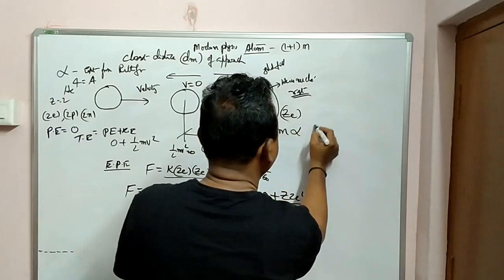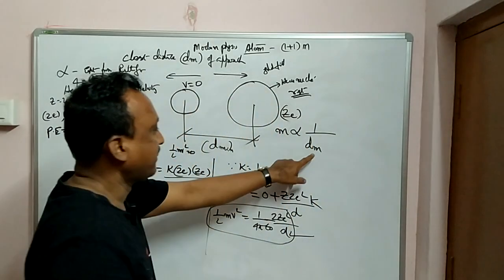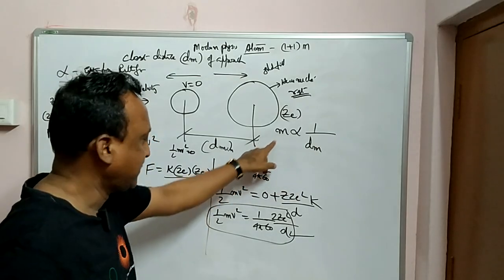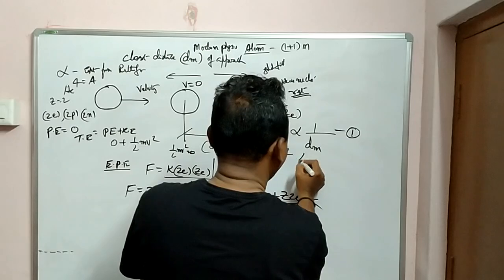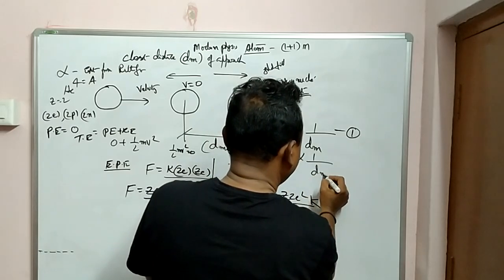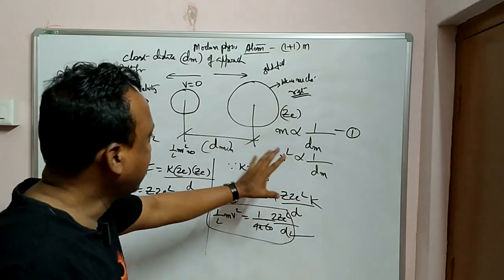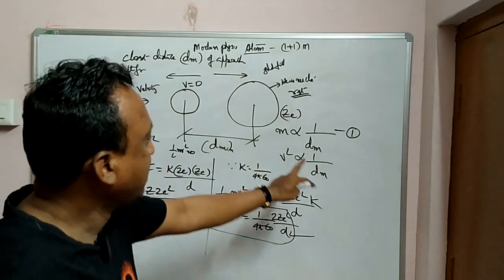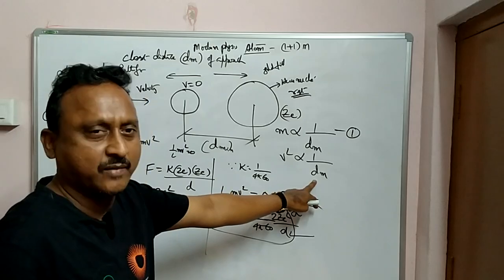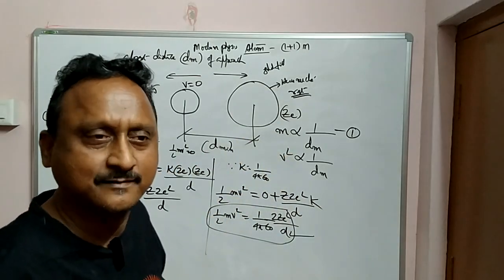Mass of the particle. Distance is inversely proportional to mass. And also, second point, distance is inversely proportional to the square of the velocity. So these two formulas are very, very important in the NEET examination and also MCET. The closest distance of approach is inversely proportional to the square of the velocity and inversely proportional to the mass.